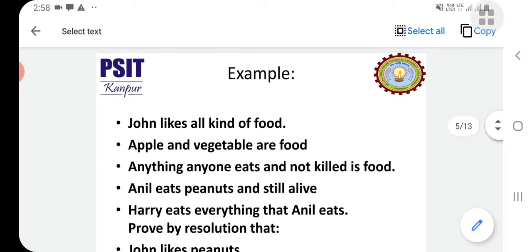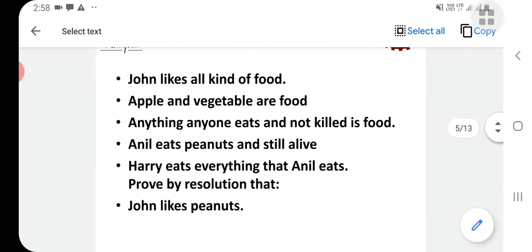With the help of an example, we can easily understand the concept of resolution. So, now I'm going to take an example. In this example, 5 statements are given. First statement is John likes all kind of food. Second, apple and vegetable are food.